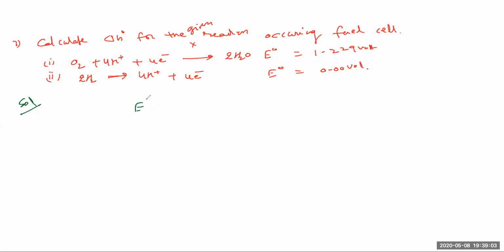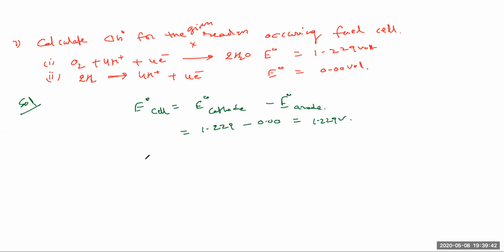E naught cell, E naught cathode minus E naught anode, oxidation. Here cathode means which one is reduction? First one, 1.2 minus reduction oxidation hydrogen, that is 1.229 volt. That is E naught.